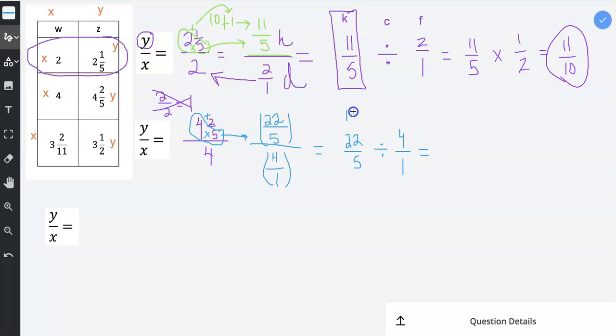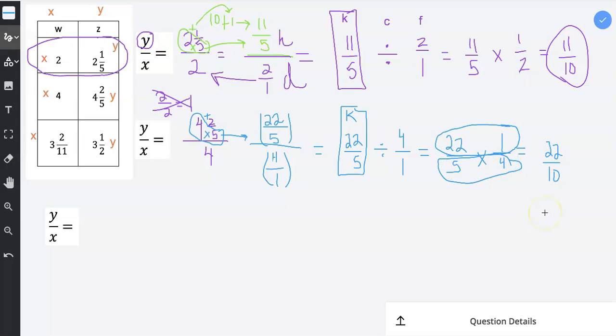And then we keep the first fraction. This is locked in. You don't change it. It stays 22/5. Then you change the division to multiplication, and then you record the reciprocal of 4. And I get 22 over 10 when I multiply the fractions. With fractions, we just multiply the numerators, multiply the denominators.